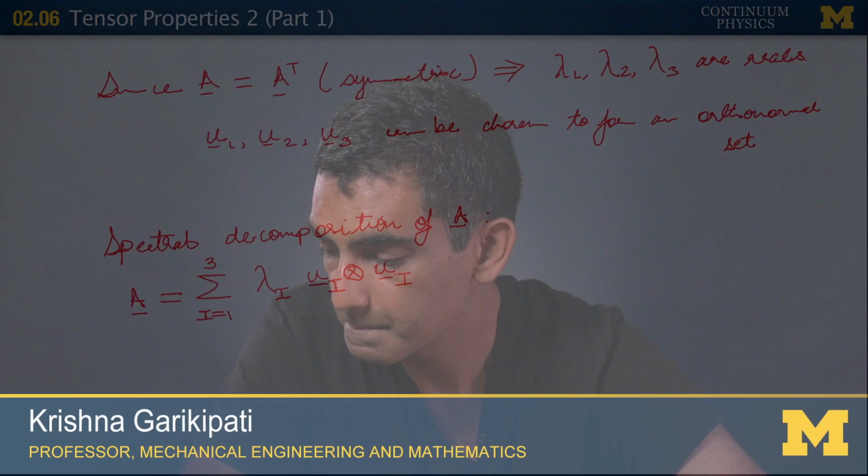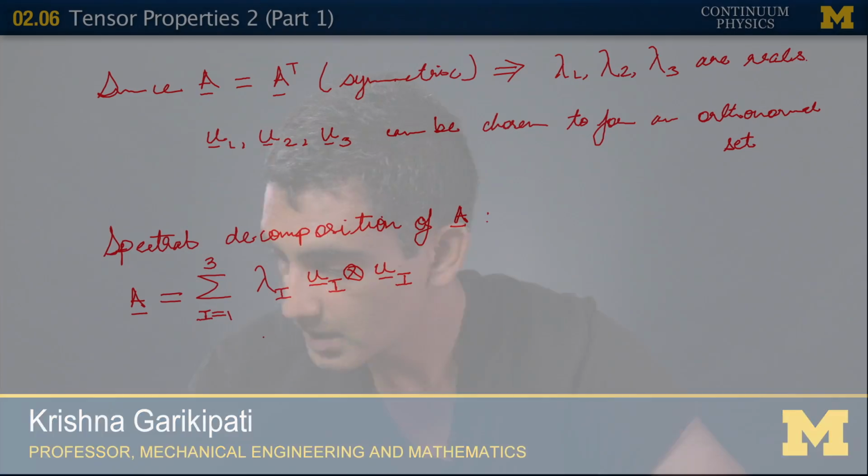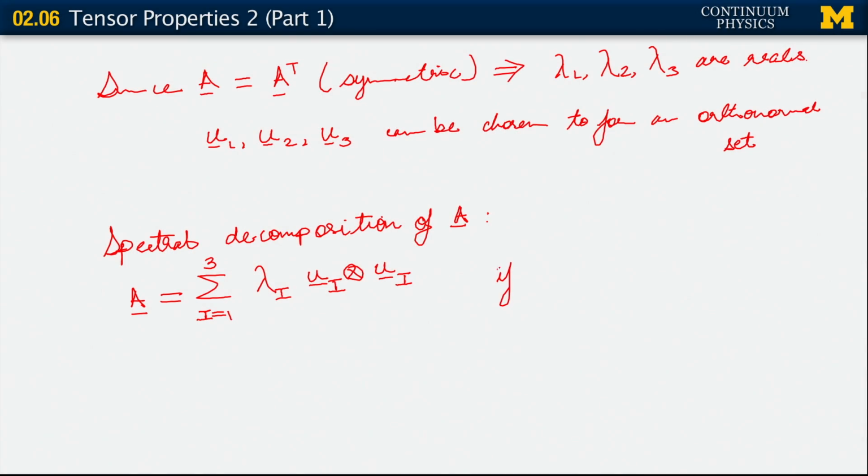Okay. So this holds in general. Now this form is most convenient if the eigenvalues are distinct. All right. So this holds if lambda 1 is not equal to lambda 2 is not equal to lambda 3.